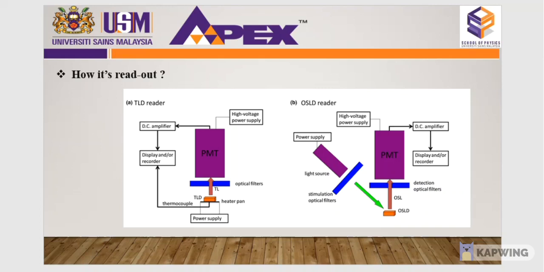The first step is low heat. The aim of this step is to stimulate the TLD, but the heat is not enough to release the electrons from the band gap. So we need to raise the heat immediately to moderate heat. This is the second step.